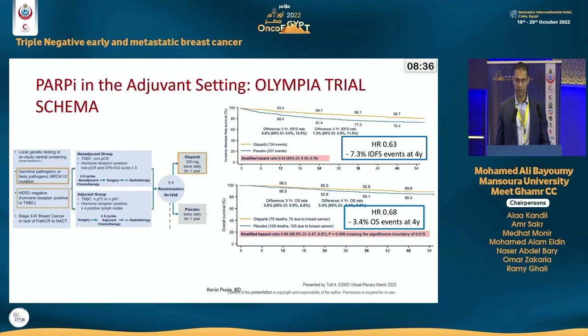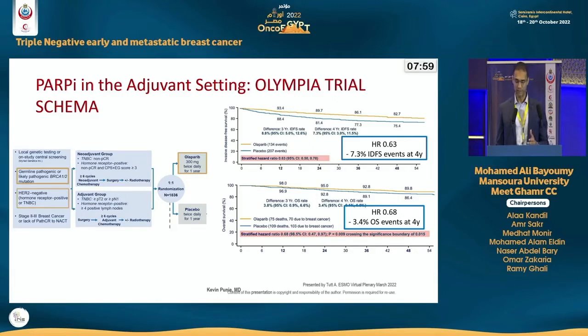What about the role of adding the PARP inhibitor in early triple-negative breast cancer? This question was answered by the OlympiA study that randomized high-risk triple-negative breast cancer patients, I mean the patients who did not achieve pCR after neoadjuvant chemo, or stage 2 or stage 3 breast cancer from the start, with germline BRCA1 and 2 mutation, to receive, after chemotherapy and after surgery, 1 year of the PARP inhibitor olaparib versus placebo.